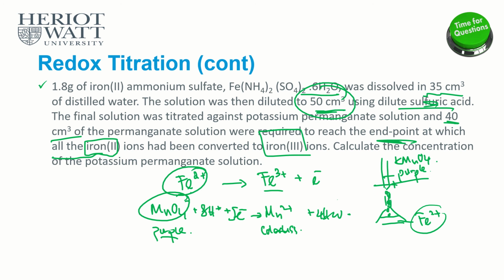Now when you keep adding until no more Fe 2 plus, which means all the Fe 2 plus has been converted into Fe 3 plus, and then you add one extra drop of KMnO4, what happened? Will this MnO4, the purple drop, convert into colorless? No, because there's no more Fe 2 plus.